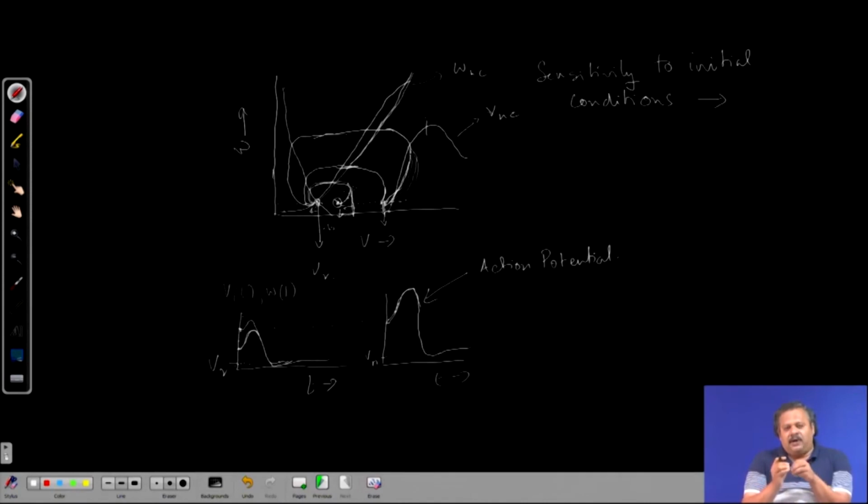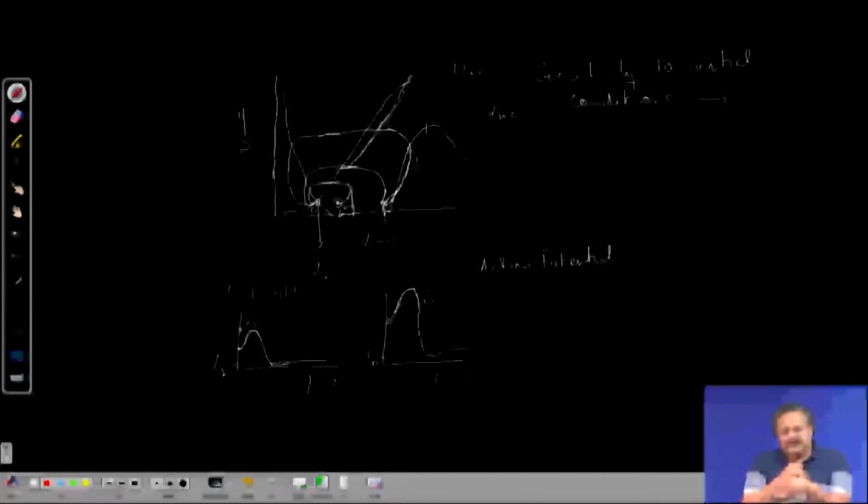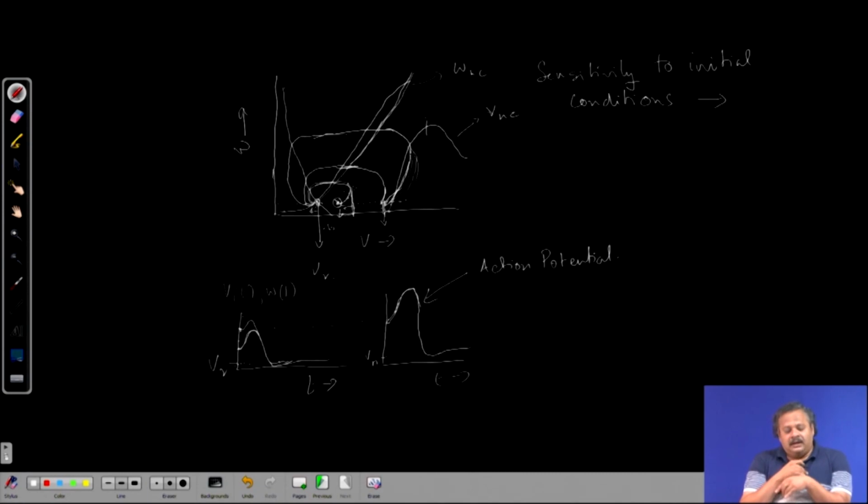So, we have a behavior like a threshold here, that is, if the voltage is just above that value, then there is an action potential, that is the voltage increases and then drops back down to a large extent very fast, and below that it does not produce that behavior.